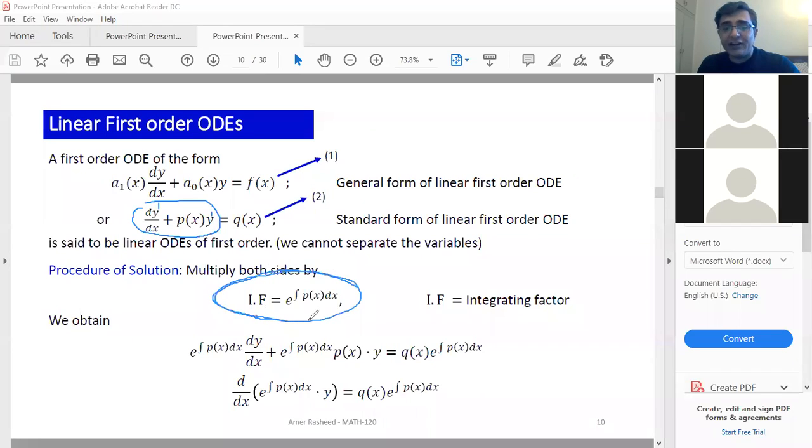The formula for integrating factor is this: e raised to the power integral of P of x dx, where P of x will change for different equations. This formula will remain same for every first order linear differential equation which is written in this standard form. P of x will change, the formula will remain same. I hope that answers the question.